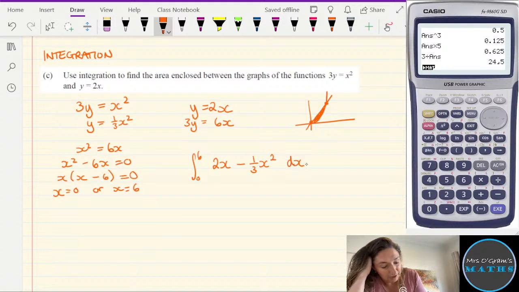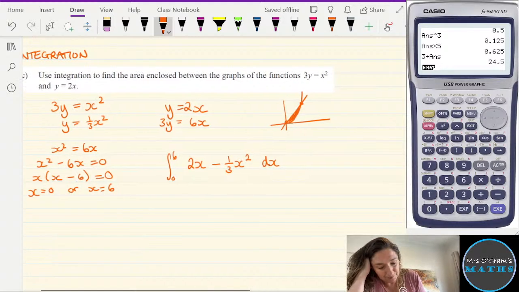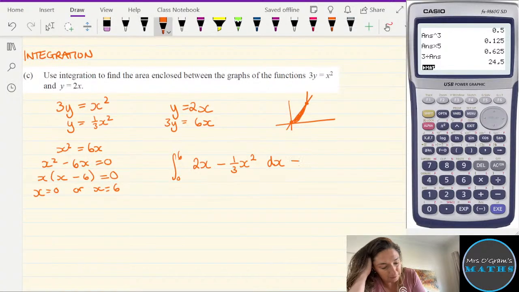And we're integrating that with respect to x. So 2x becomes x squared divided by 2, so the 2s will cancel. And then the x squared is increased by 1, so that's x cubed, and divide by the 3. We already had a 3 at the bottom, so now we've got it over 9.